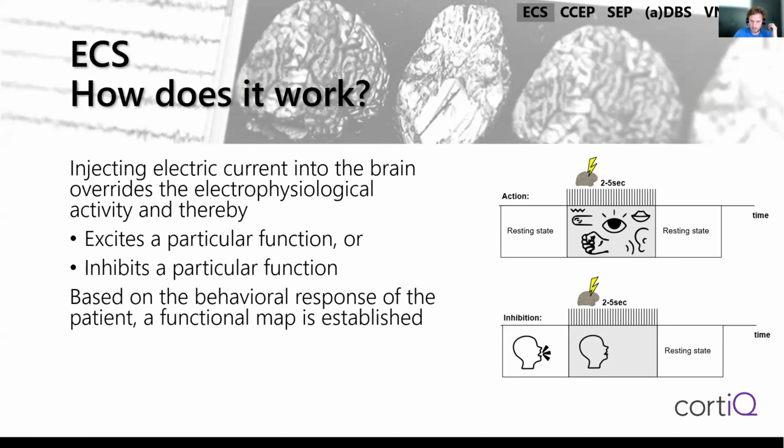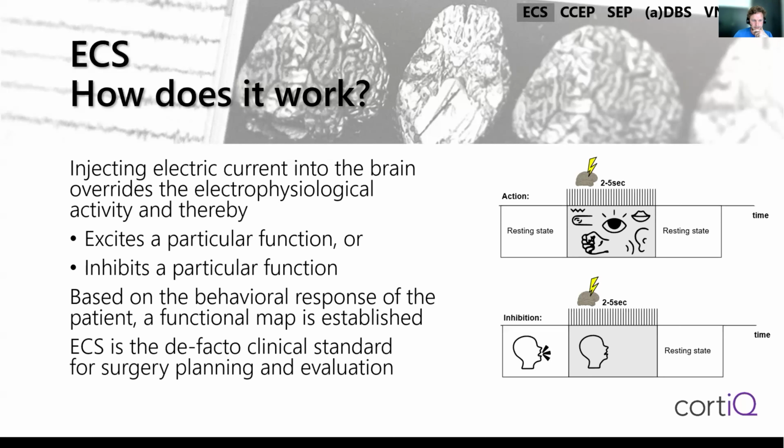When you're doing ECS functional mapping in a clinical setting, usually you are stimulating pairwise the regions of interest where you suspect the function to be. Then based on the behavioral response of the patient, you can create your functional map. De facto, this is the clinical standard since almost 100 years.